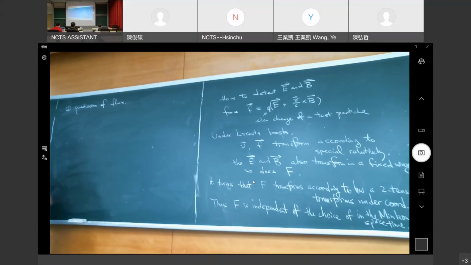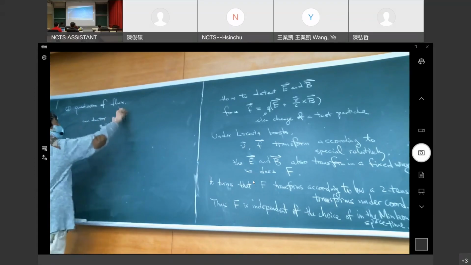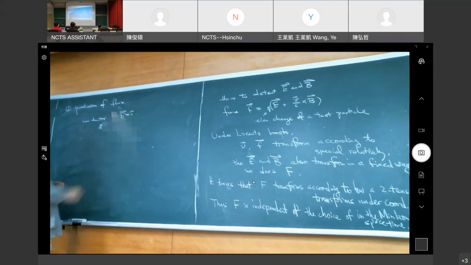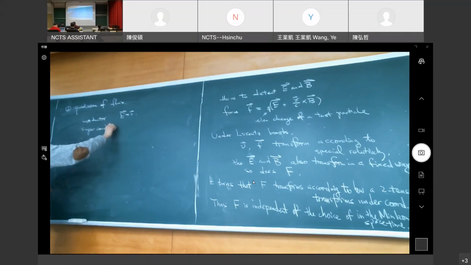Nevertheless, to find a setting to test the quantization of fluxes, well, we look at our materials. The usual conductor is something where inside, E is equal to zero. Once there's E, that will immediately redistribute the electric charge to make it zero. Now, what about a superconductor?